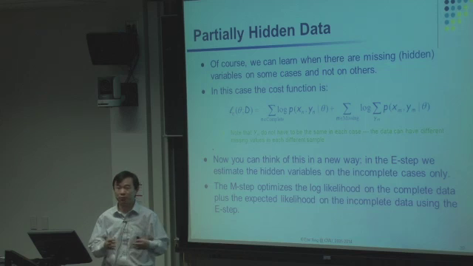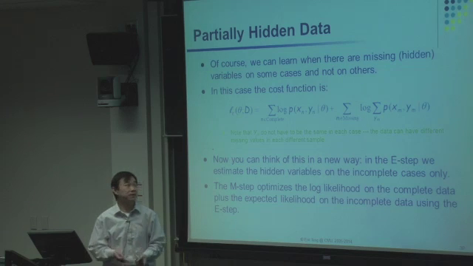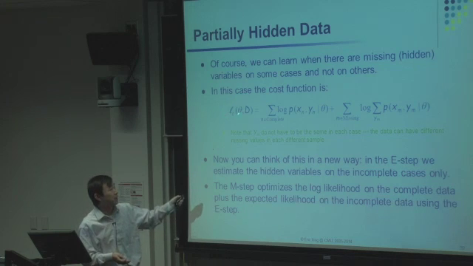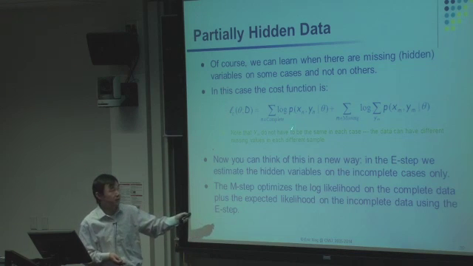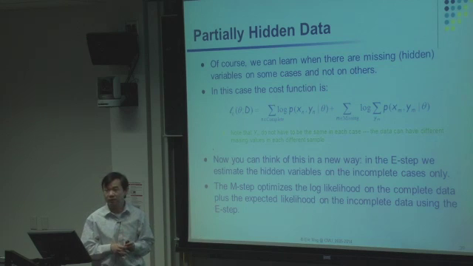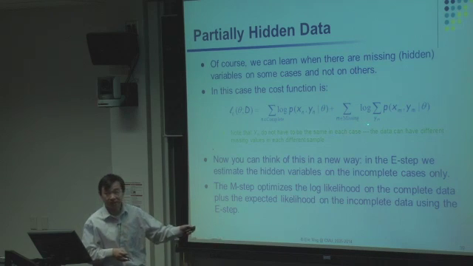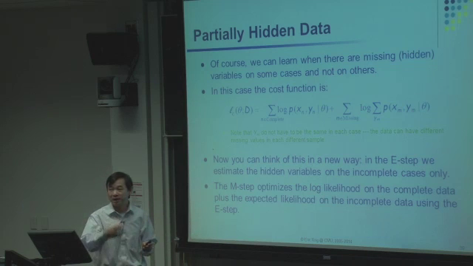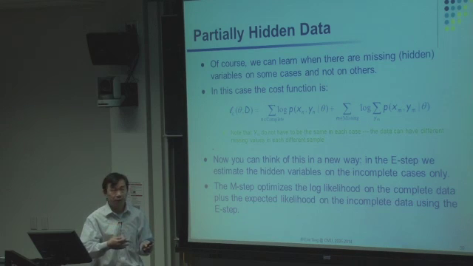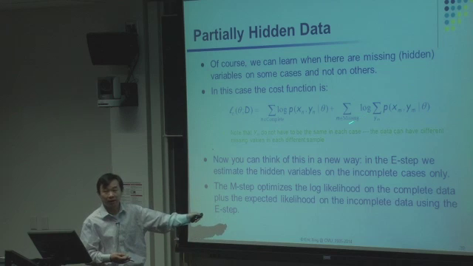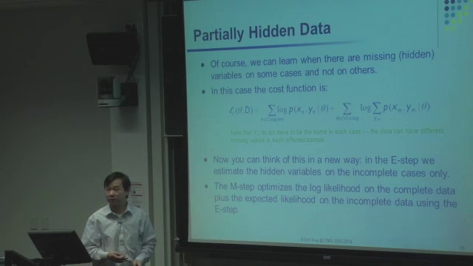Then what do you learn? Or how do you learn the model? Very, very simple. In this case, you have partially hidden data. Your whole likelihood will be made up of two components. One is the complete likelihood over the entire observed data, and the other is only on the missing data, right? Then when you run the EM, you can still run the EM algorithm. In the E step, you do nothing about the complete part and only work on the incomplete part to figure out the latent variables.